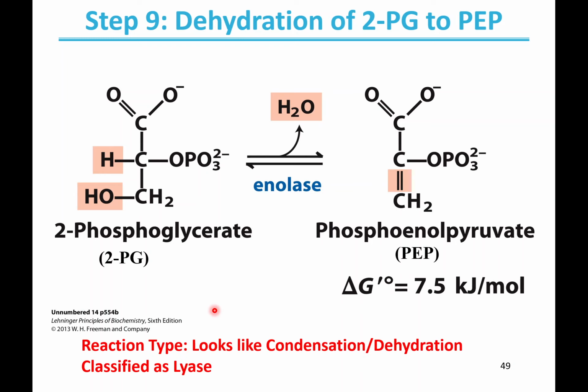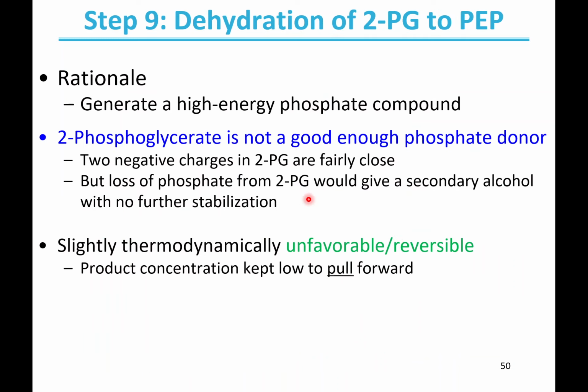Okay, this reaction type, it looks like a condensation, right? Or a dehydration, because you're removing water there. However, it's classified as a lyase. Okay, the rationale behind this is you need to generate a high energy phosphate compound, which then can be used to donate that phosphate to make an ATP.